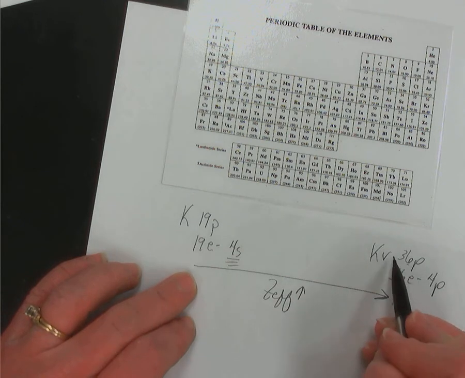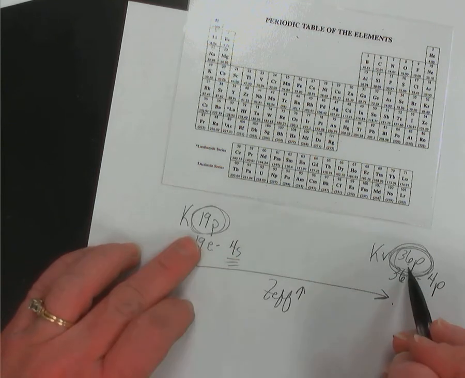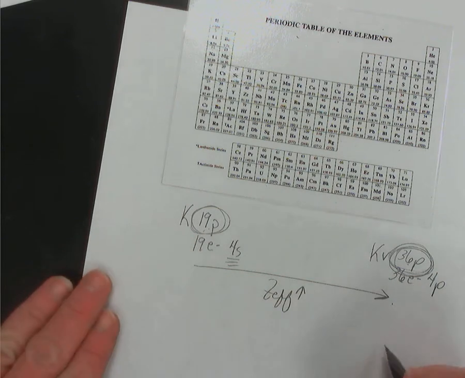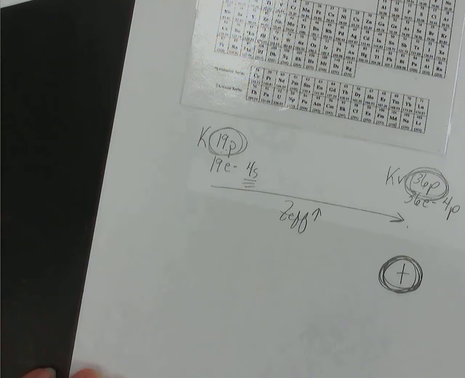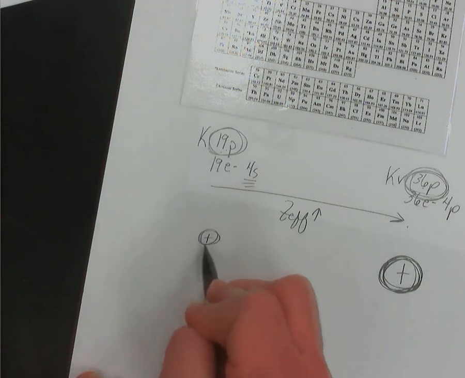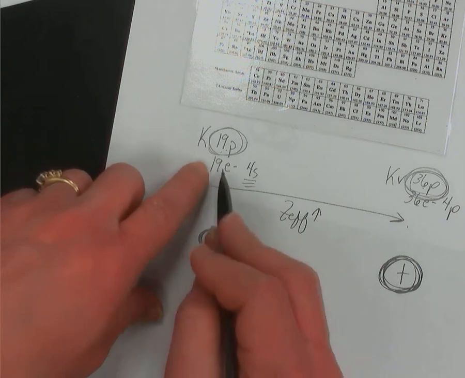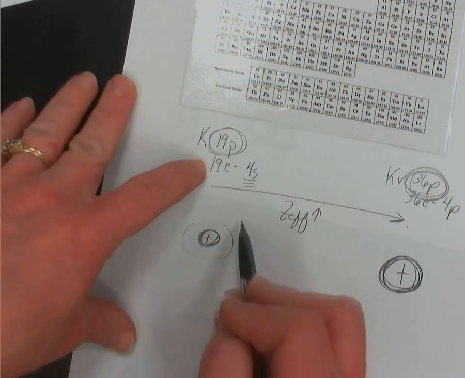Whoa, this is a much more powerful nucleus than potassium. 36 protons compared to 19. So, krypton has a really powerful nucleus. But poor potassium, just 19. And its outermost electrons are in the 4th energy level.